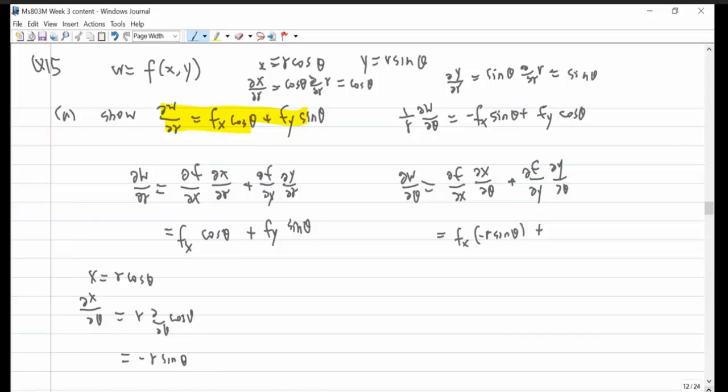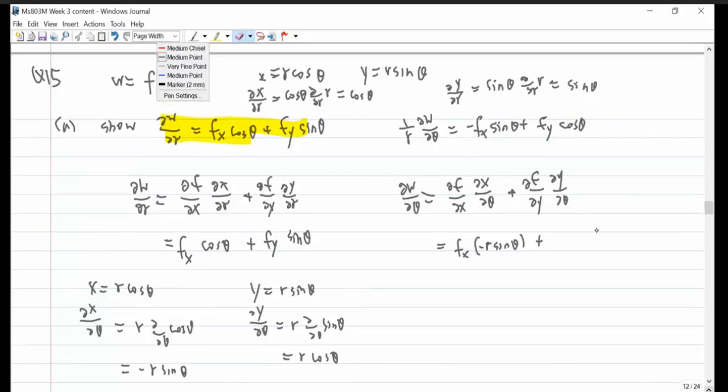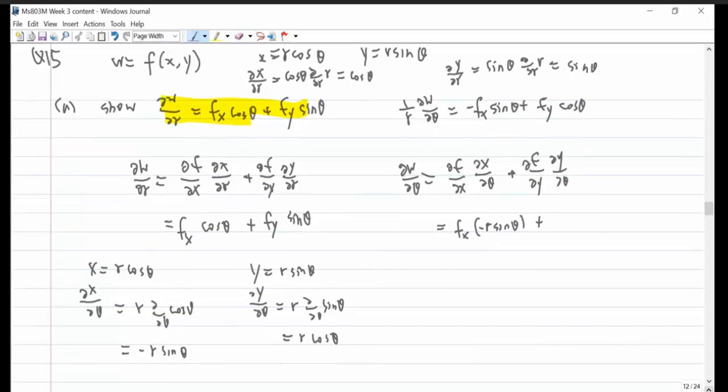And then you can do the same thing for y, because y equals r sine theta. So partial differentiation with respect to theta now, you keep r constant, differentiate sine theta, of course, you get cosine theta. This is f_y, which is partial differentiation with respect to y. So this will give you r cosine theta.